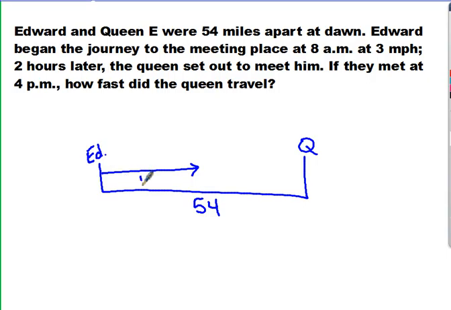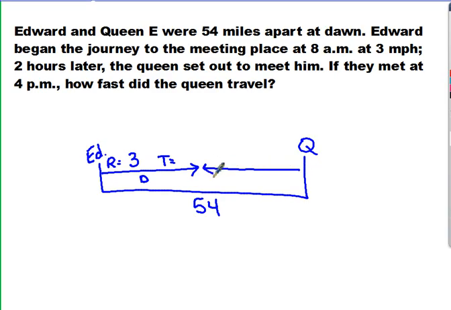Now, Edward is traveling a distance, and for the distance, we have a rate and a time. We know he left at 8 a.m., but with the information that we've read so far, we don't know what time he met. So we don't have the time yet. But we do know that he traveled at a rate of 3 miles per hour, so we can fill in his rate. 2 hours later, the Queen set out to meet him.